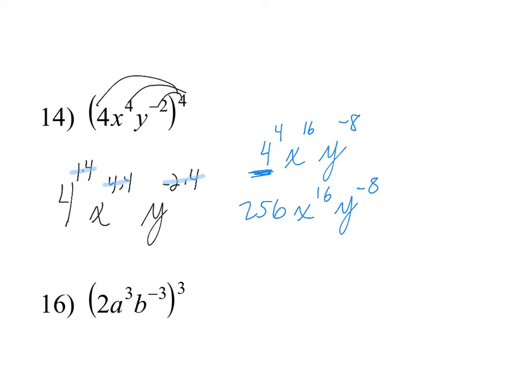So since all our answers are on top by default, that means that y to the negative 8 needs to move to the bottom. So we're going to copy down the rest of that because it's not going to change. So 256 x to the 16th is going to be on top, and y to the 8th on the bottom. And remember, it's going to be positive 8, not negative 8 anymore, because anytime we cross that fraction bar, it erases that negative.